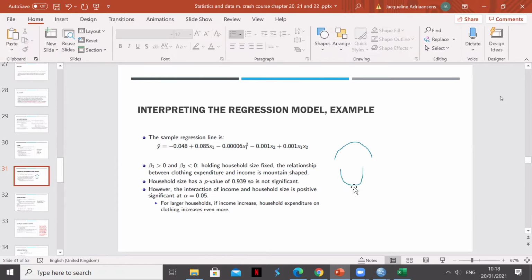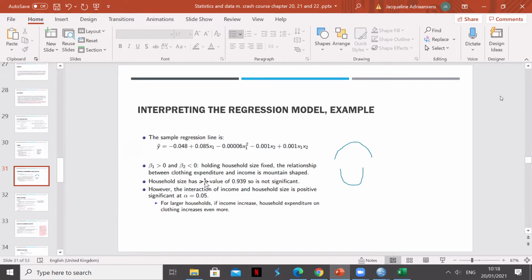Because for very big values, it will be positive, because then you have the squared, and if this is positive, it will take over. But at first, this one has the lead, so it will be negative. So try to remember this relationship, or you can just draw it out, and you will find it.